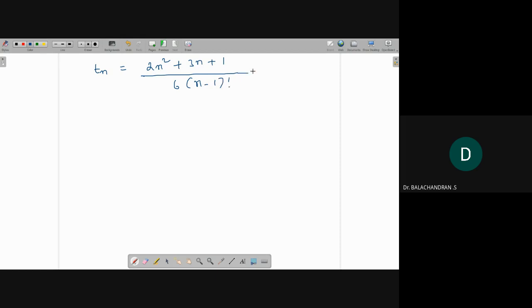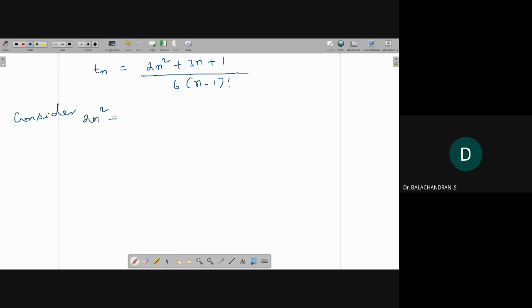I told you that you should always write the numerator in terms of the denominator. So leave this constant. Consider the numerator is a quadratic.